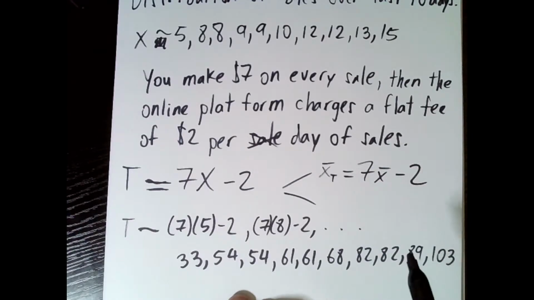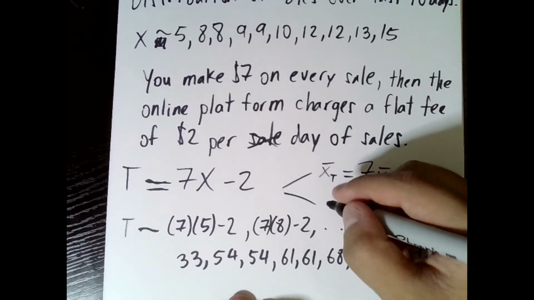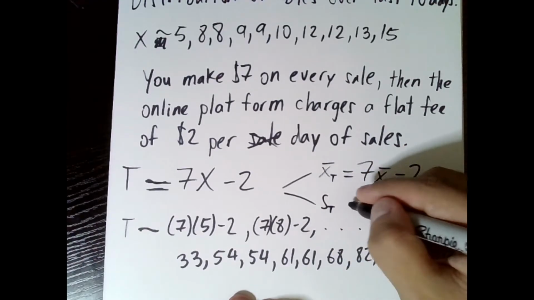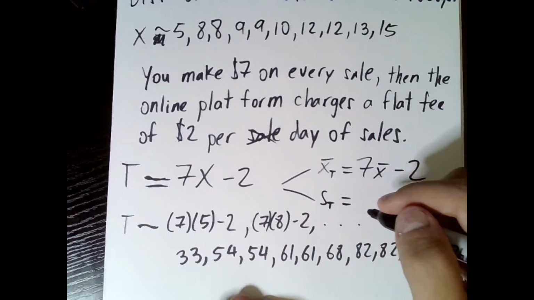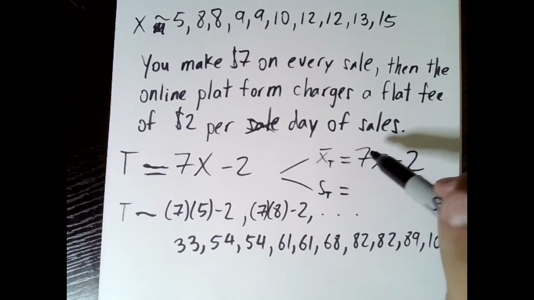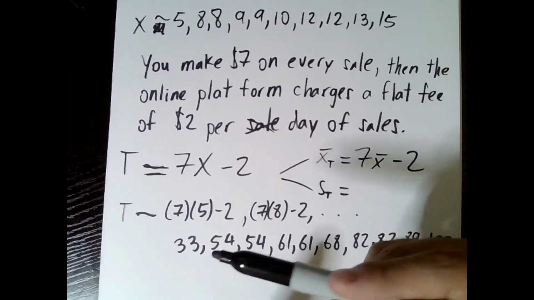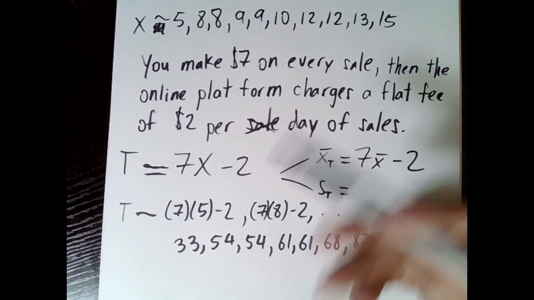And if this is affecting the mean in this way, it's going to affect any other measure of center or location in this way, such as the median, Q1, etc.